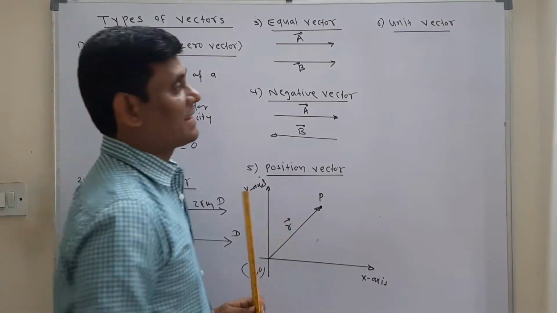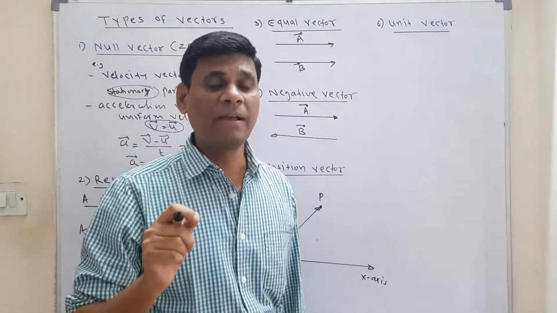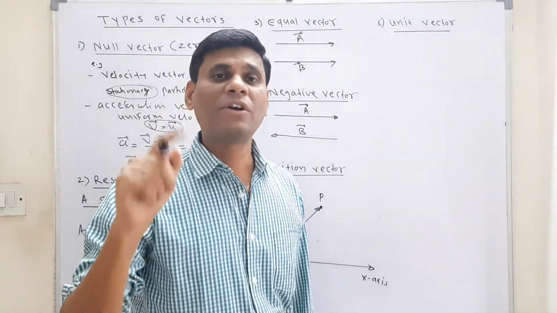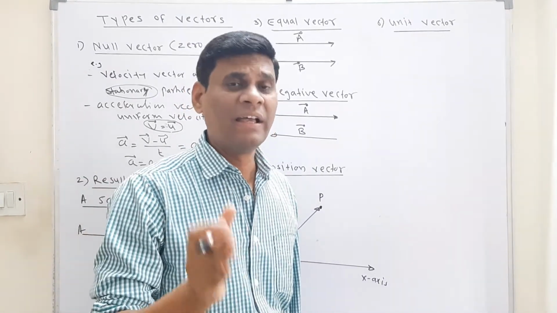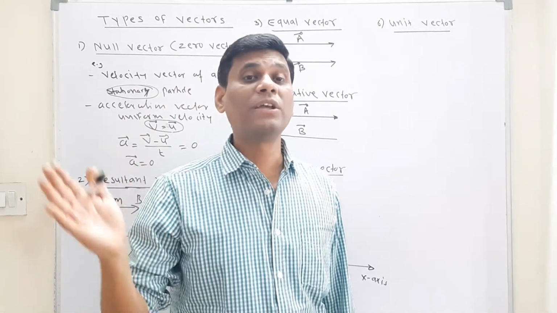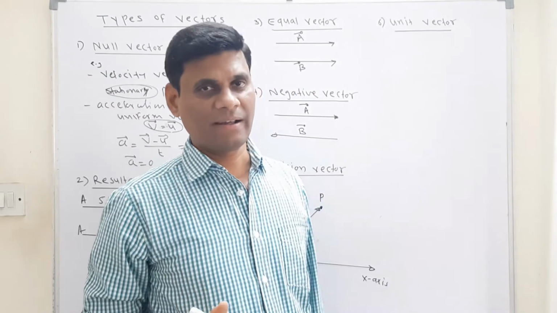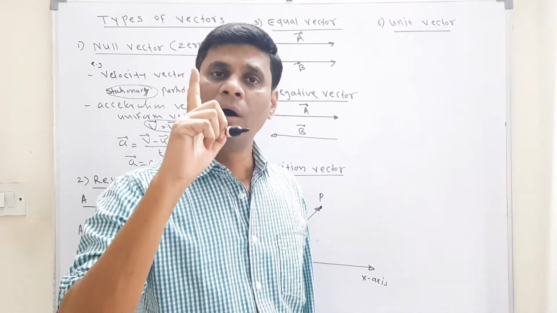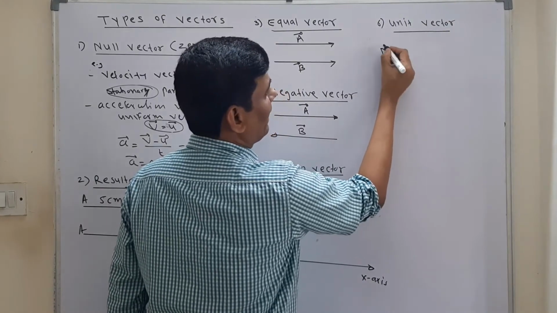Unit vector, as the name itself indicates, unit means 1. A vector having magnitude 1 we call a unit vector, or you can say a vector having unit magnitude in a given direction. I repeat, a vector having unit magnitude in a given direction is called a unit vector, and its magnitude will be 1. Now suppose this is one vector.